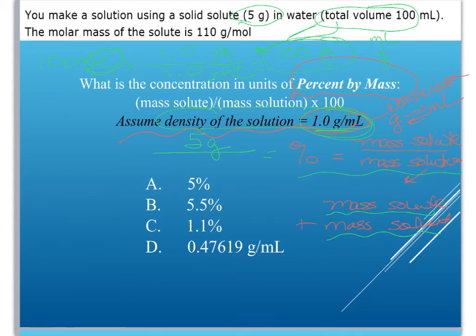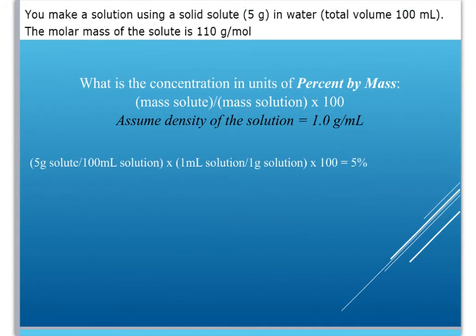So now we know that the mass of the entire solution is 100 grams. And one of the things I forgot to put over here in the formula is anytime you have a percent, you need to multiply by 100. So here's the calculation worked out a little bit more neatly. And the answer is, after you multiply by 100, 5%.